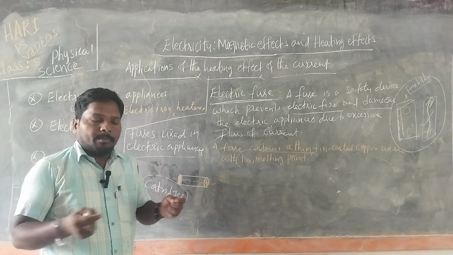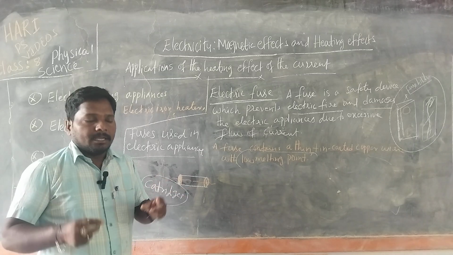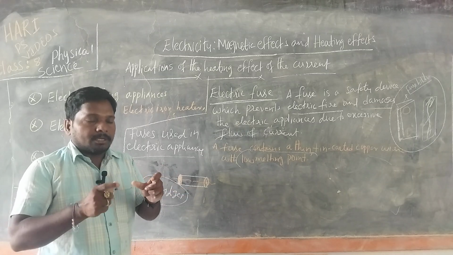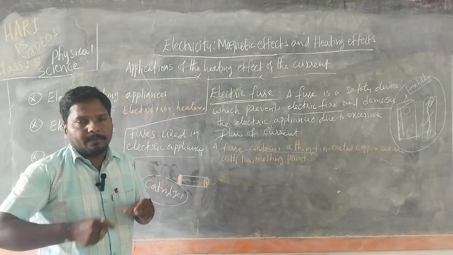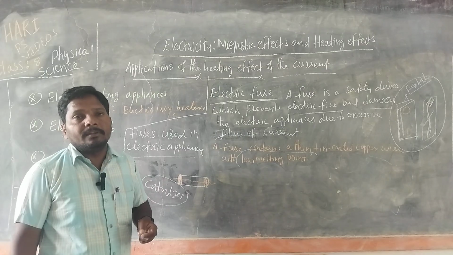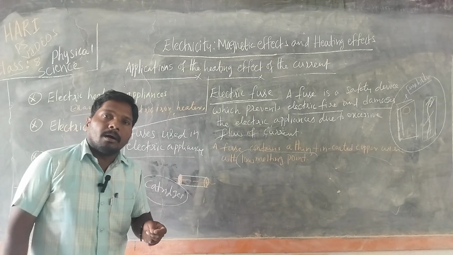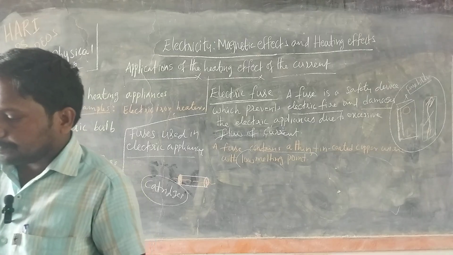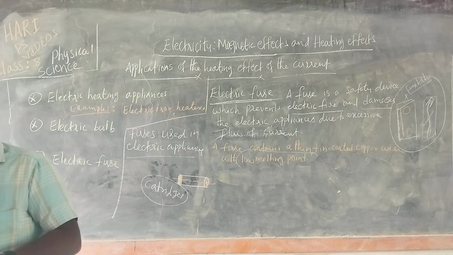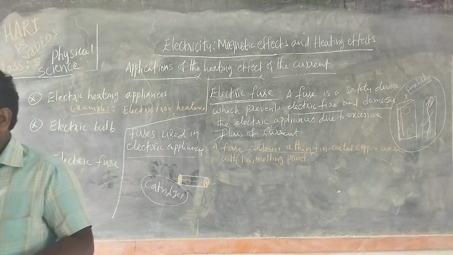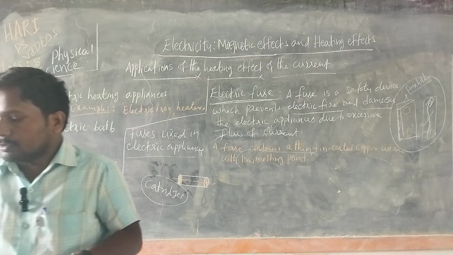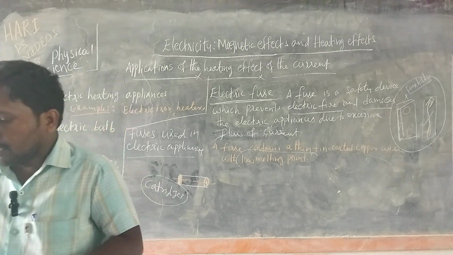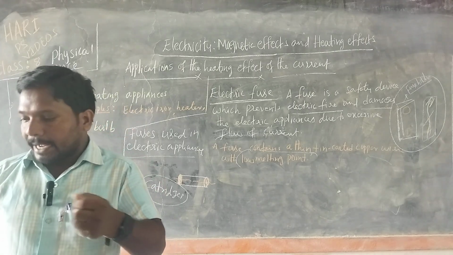In that glass tube, a fuse wire is inserted. The two ends of the fuse wire are sealed with metal caps. The metal caps are for connecting the fuse in the circuit in a suitable bracket.